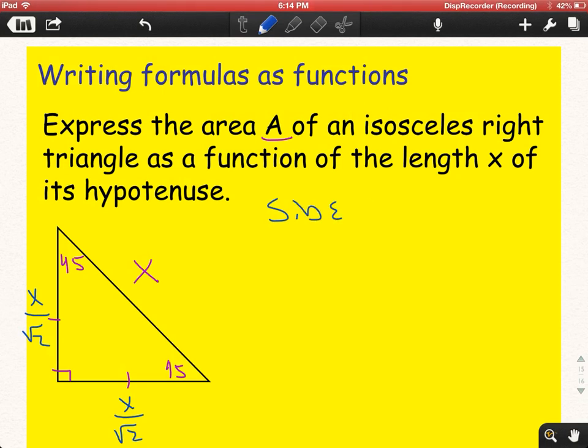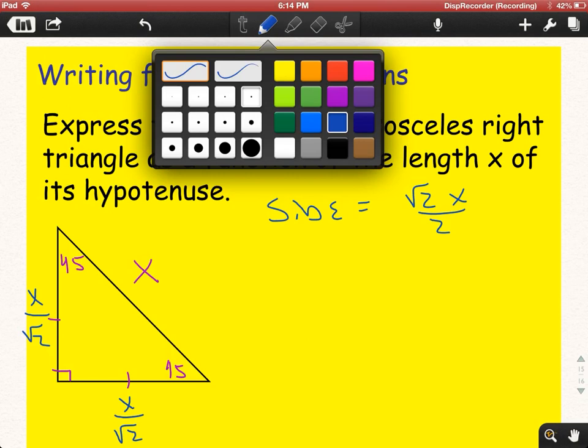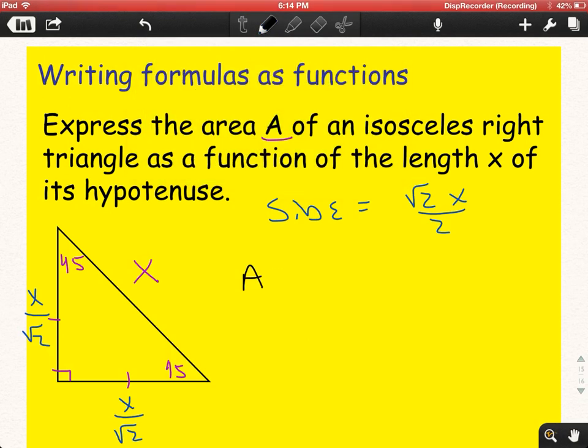So a side of this triangle is going to be the square root of 2 times x over 2, if I rationalize that. Now area of a triangle is 1/2 base times height. And it just so happens in this example, the base and the height are the same thing. We'll call that the base, we'll call this the height, they're the exact same thing.